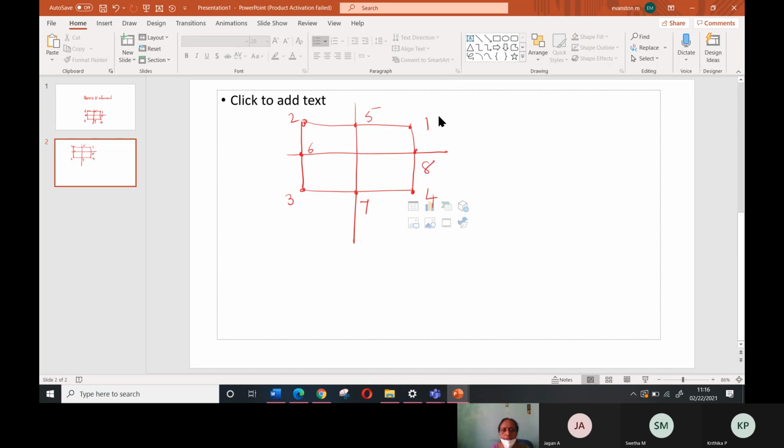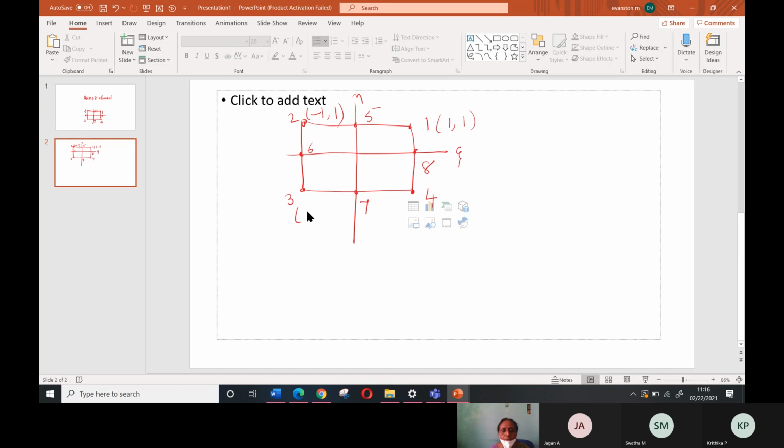So can you mark the ordinates of this one? This is xi and this is eta, positive eta. So for the coordinate 1, it is 1 comma 1. Only you mark for the outer coordinates, it's enough. Outer coordinates: this is x-axis, it is -1, y-axis, it is +1.